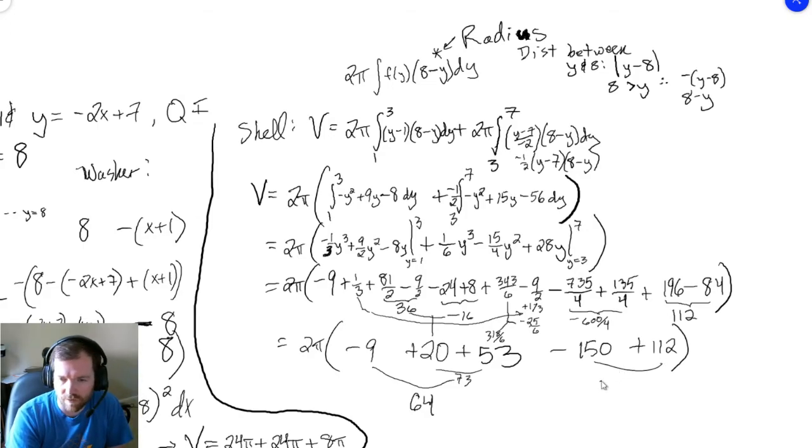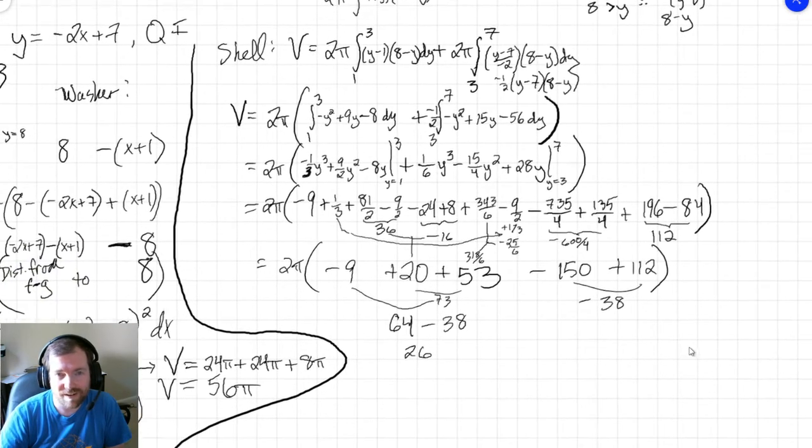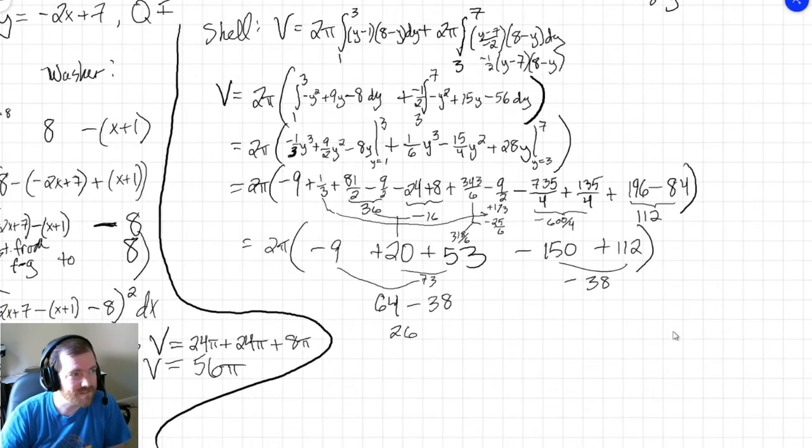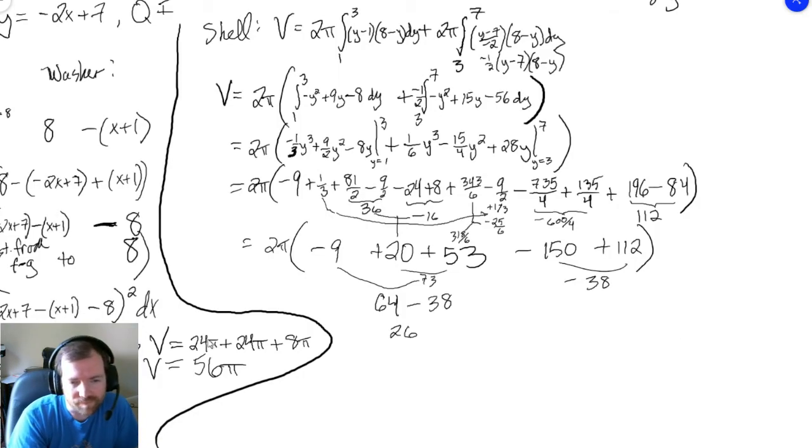It's going to be a negative 38. 20. That's good. 26. Am I getting 26? Because that's also going to be a problem. It's at least closer.